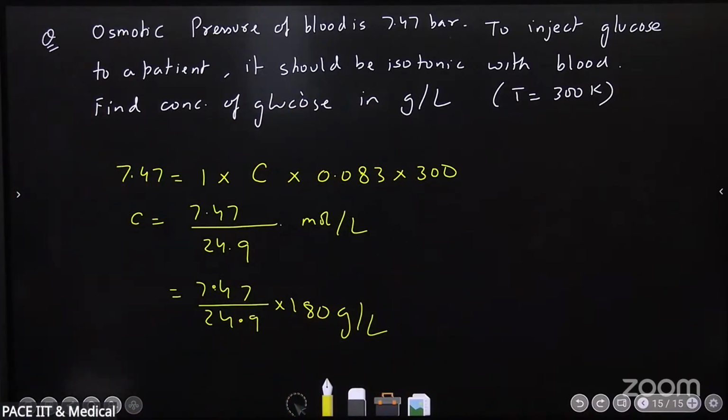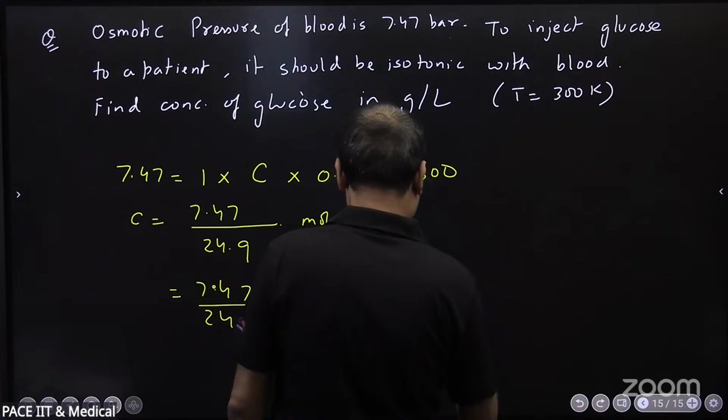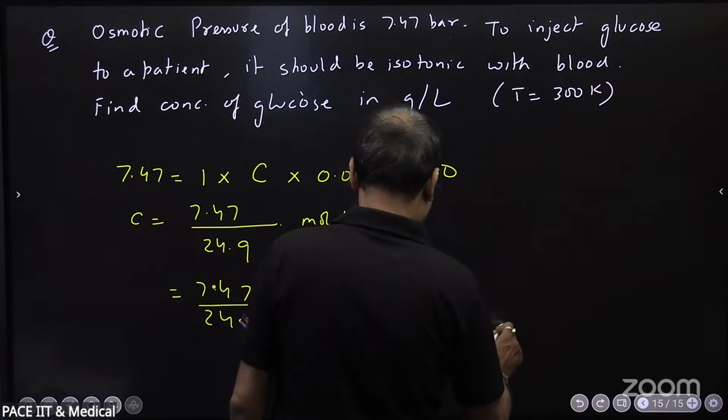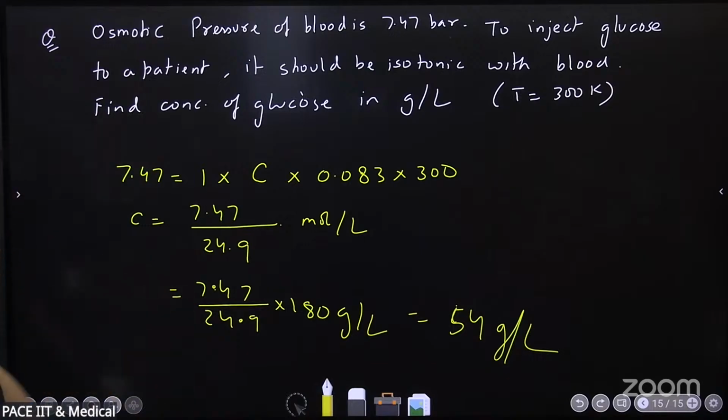So that will give us the concentration of glucose in grams per liter. So how much will this become? 54. Exactly, this is cancelling out three times. Correct?